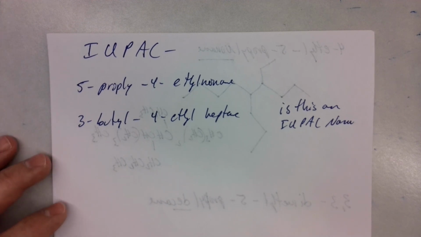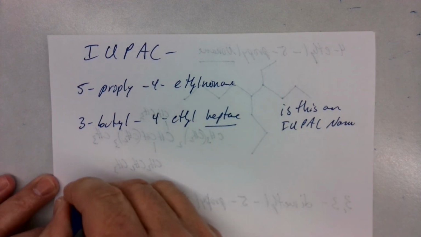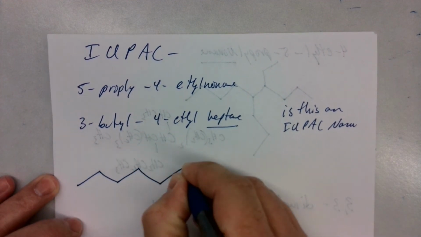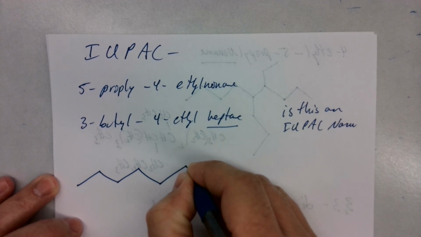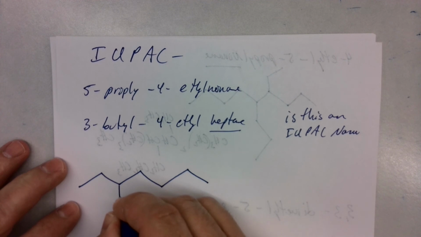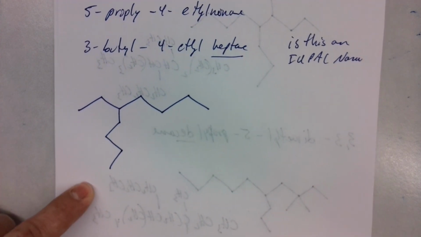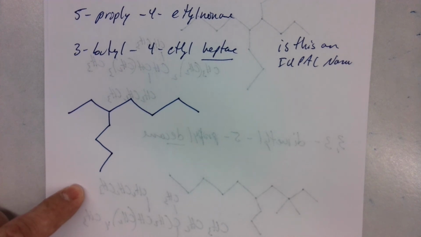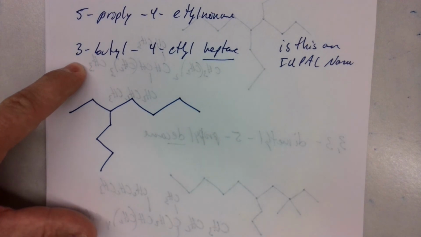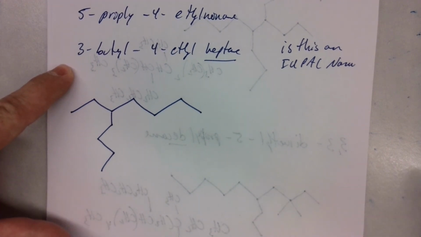What I would do, if I was going to look at the big picture, I'd say, well, what's heptane? Heptane is 7, right? Off my third, I've got a butyl. Well, what did that immediately do to my backbone? It changed my backbone, right? So I know that that is now no longer a legit name. Do I really even need to go on?